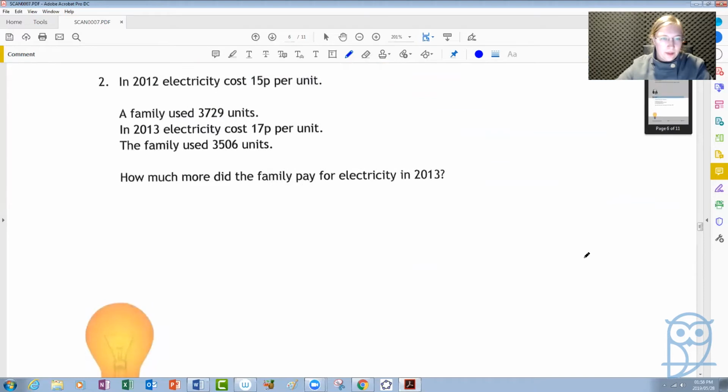So here you go. I want you guys to try this example. So here you have to compare the prices of 2 different years' worth of electricity. So in 2012, electricity cost 50 pence per unit, and a family used 3,729. And then a year later, it got more expensive, but they used less. So we want to figure out how much more the family paid for electricity in 2013.